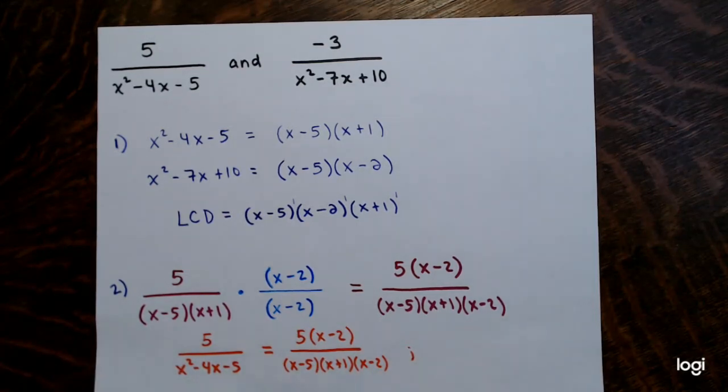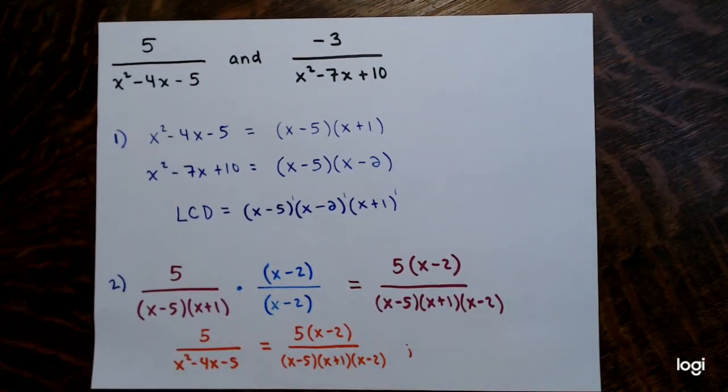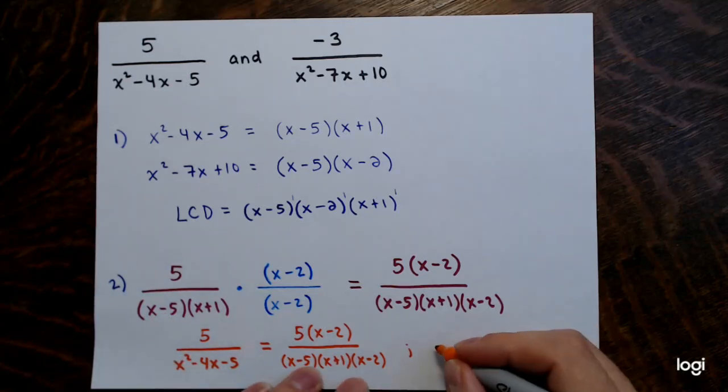Now, off to the side, remember, yes, this fraction will be equal to this fraction, but not all the time. Not when the denominators are 0, right? You can't divide by 0. So again, looking at this process here, when I change the fraction to an equivalent fraction, look at your denominators. There's a factor of x minus 5.